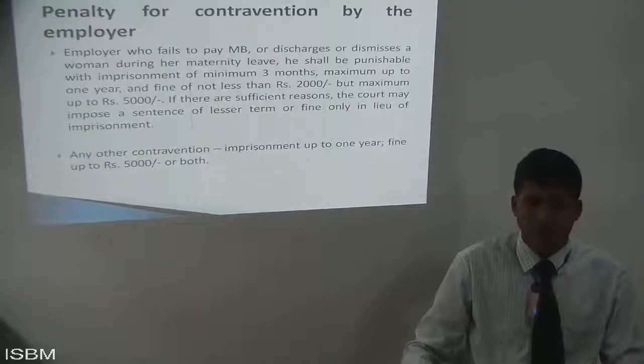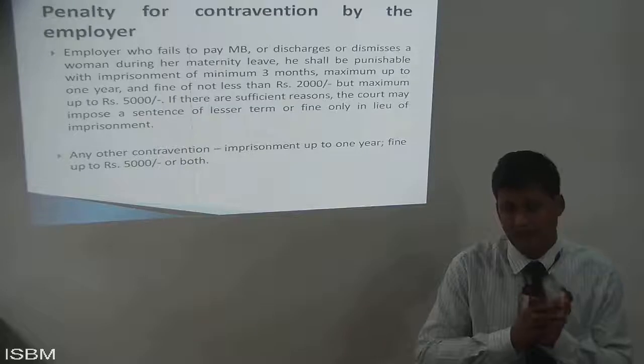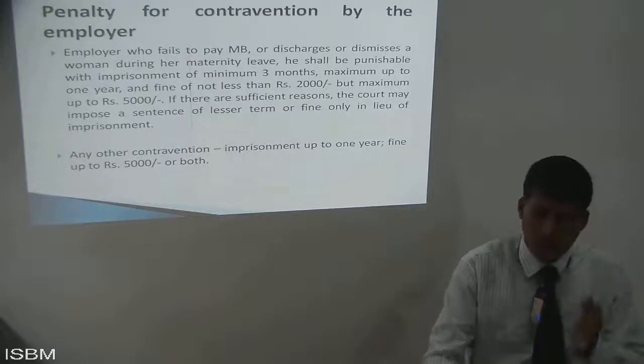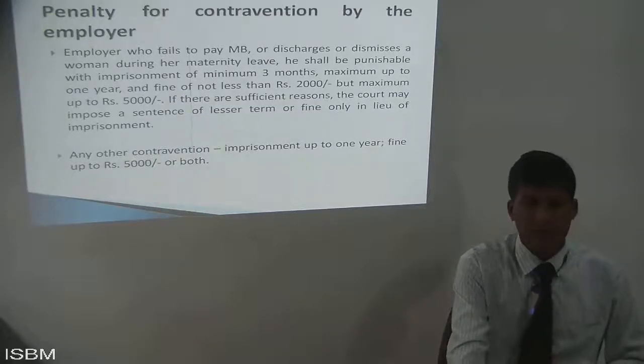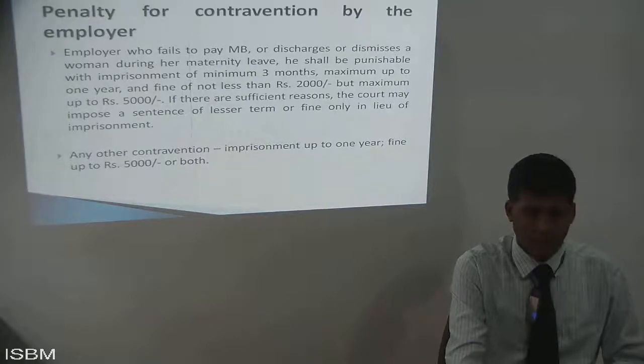attached to this are: penalty for contravention by an employer who fails to pay the maternity benefit or discharges or dismisses a woman during pregnancy leave. He shall be punishable with imprisonment of a minimum of 3 months, a maximum of 1 year, or a fine of 2,000 but a maximum of 5,000.